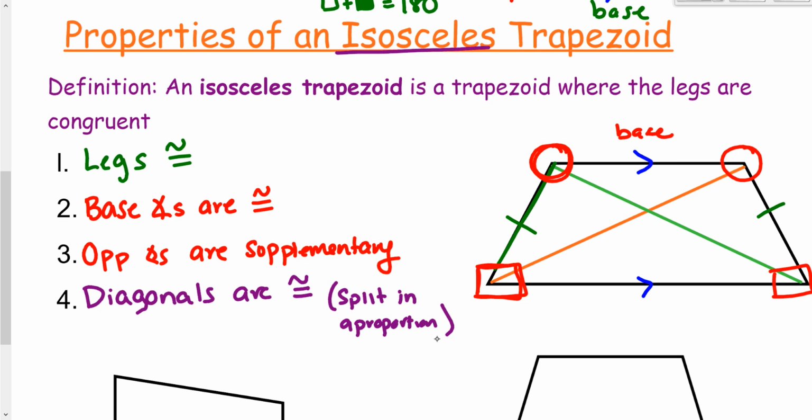And what that basically means is that at this point, which is not the midpoint, this top matches up with this top. Let's say this is 5 and this is 5. This bottom matches up with this bottom. Let's say that is 7 and that is 7. And then the diagonals are equal at 12.